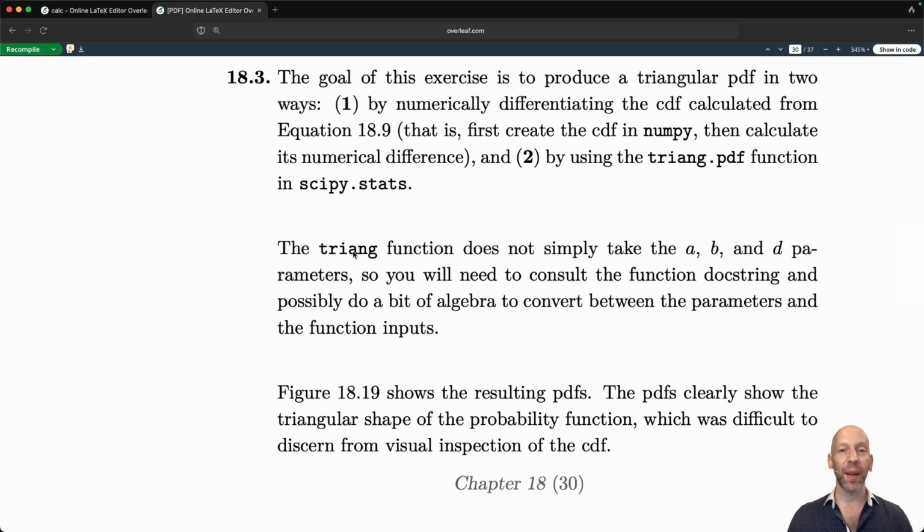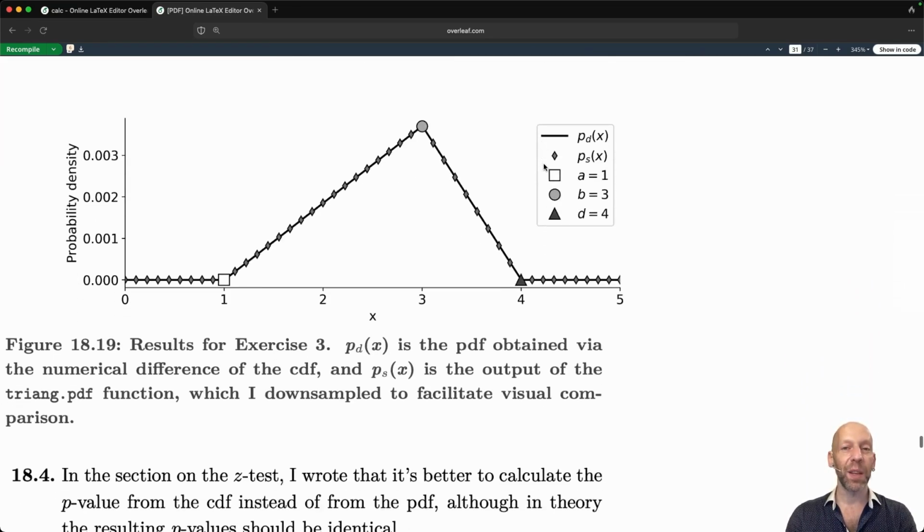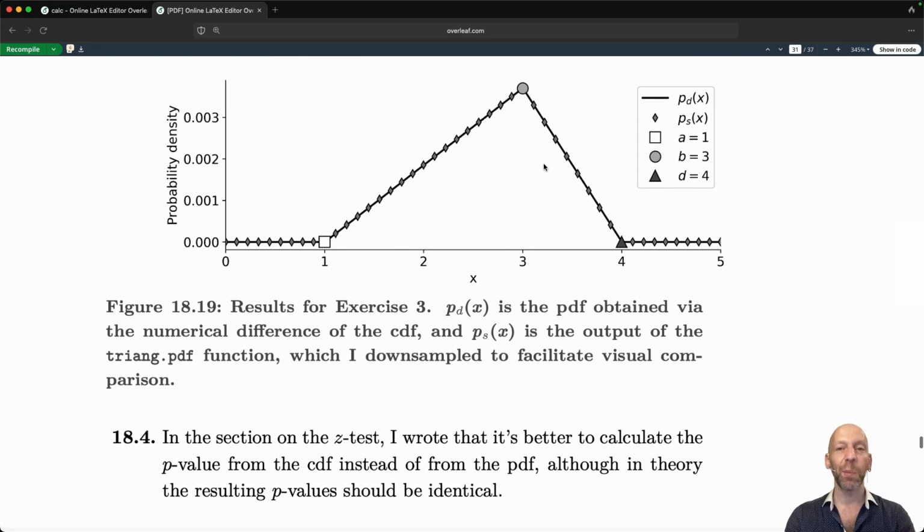Nonetheless, once you figure that out, you should have two versions of the PDF, and in theory, they should be identical to each other. So the next step is to visualize them in a plot that looks like this. The black line here corresponds to the PDF that comes from directly implementing the formula for the CDF in NumPy and then differentiating that.